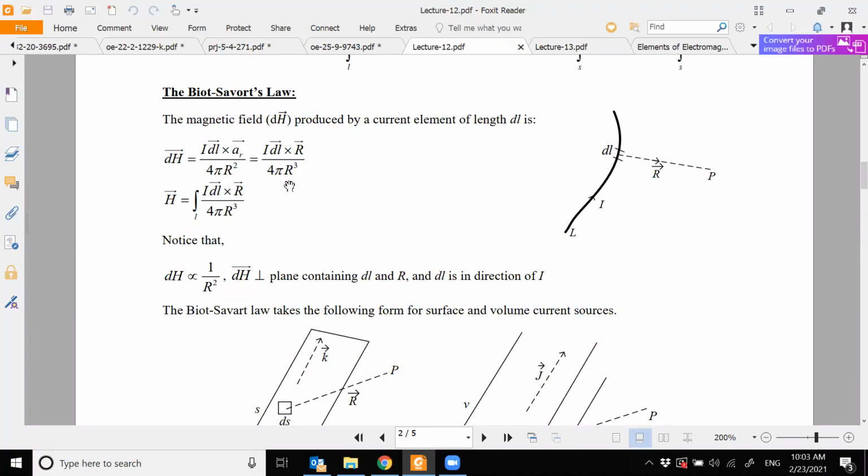So this is very similar to our Coulomb's law. Whenever I'm talking about the electrostatics, I'm going to give a reference to our electrostatics, how electrostatics and magnetostatics are similar.